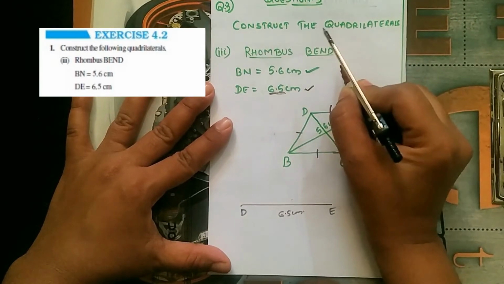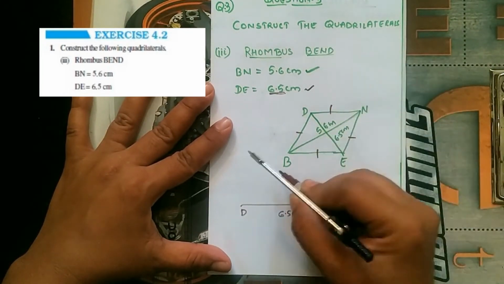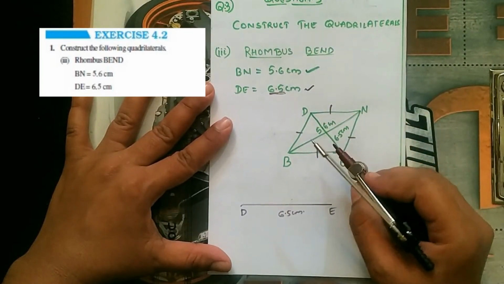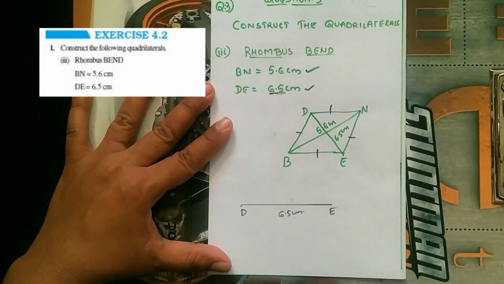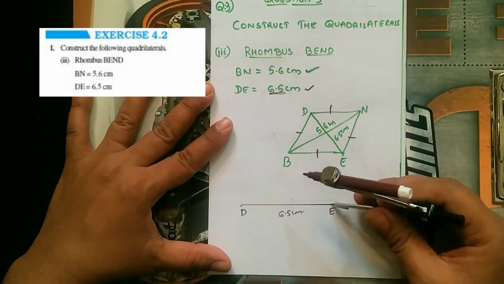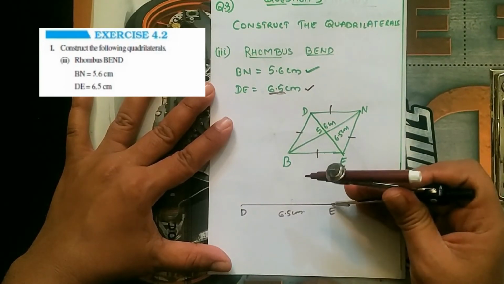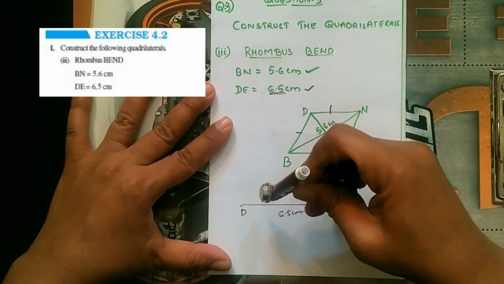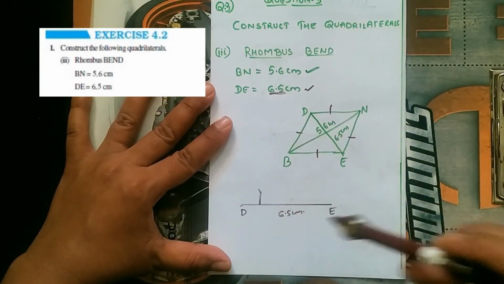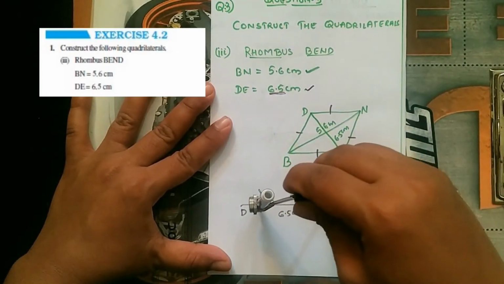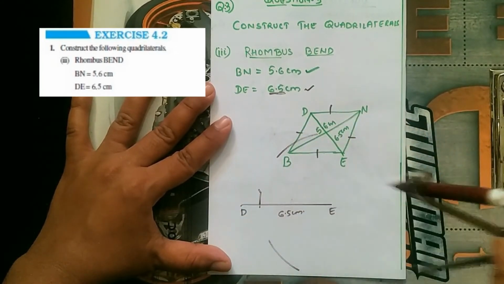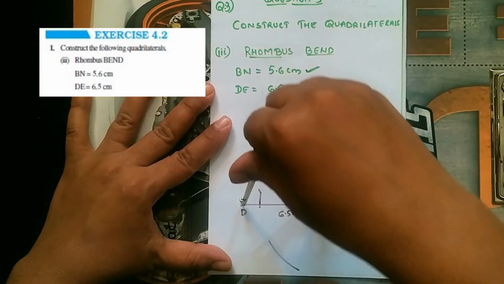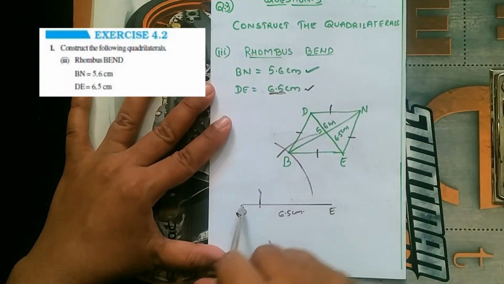We know that the diagonals of a rhombus perpendicularly bisect each other. So in class 6 we have learned how to draw the line bisector, taking more than half of the measurement. In this way, more than half of the measurement, draw an arc upside and downside, again draw an arc upside and downside.